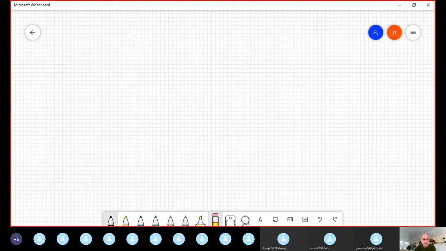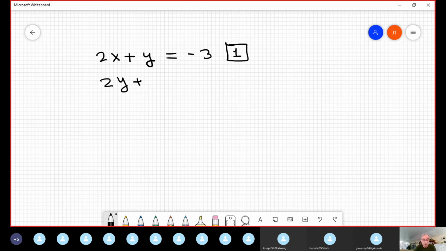Suppose this: 2x plus y equals -3. In this equation, which I call number 1, the z is missing. And the second equation is 2y plus 16z equals -10, equation number 2.